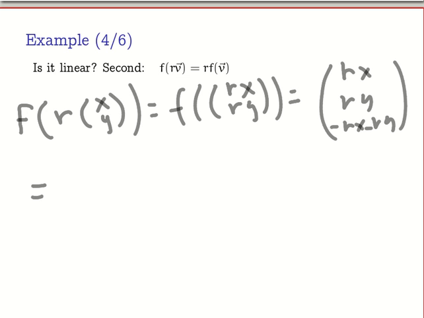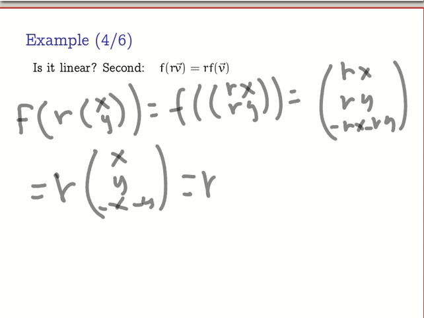Then we can use the property of vector scalar multiplication to factor out the r. That's r times (x, y, minus x minus y), which equals r times f of v. So indeed, it's a linear function.